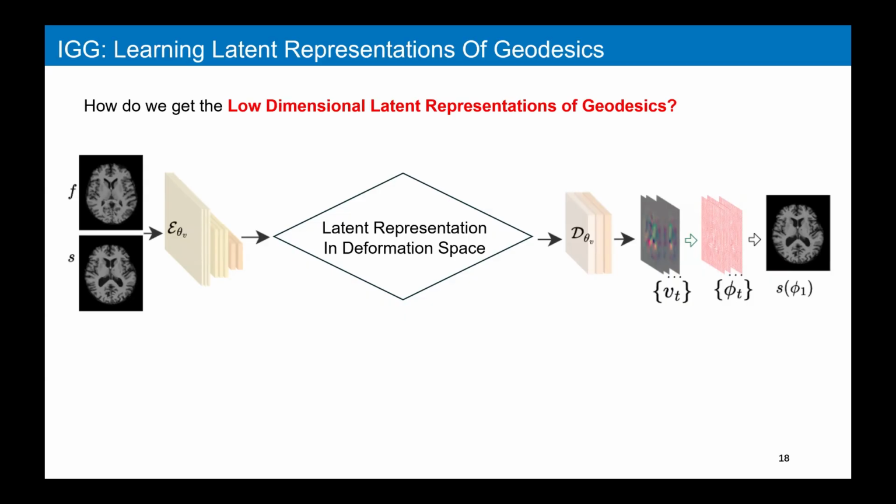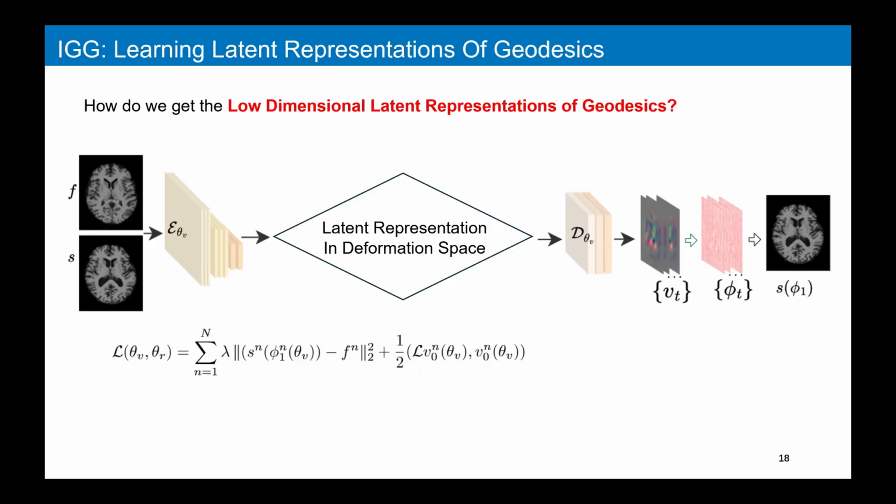In a typical way, we use a registration model. Here, the encoder compresses the input image into the latent velocity space, and the decoder projects this back to the image space to generate the deformations, which are then applied to the source image.